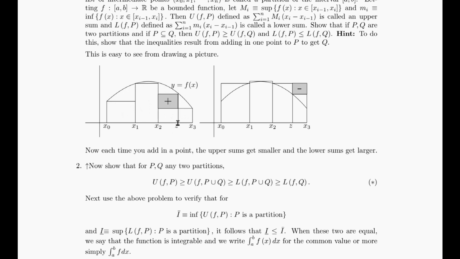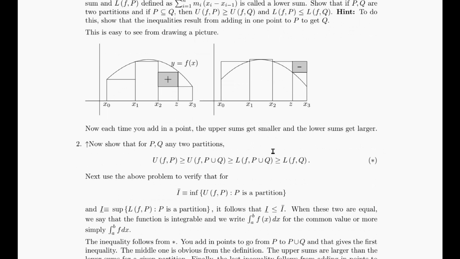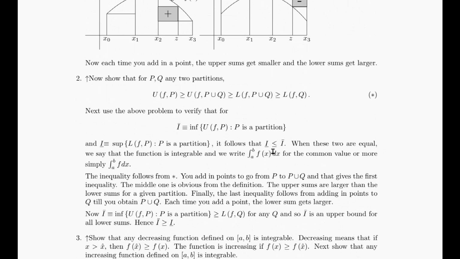Now when I add in another point z between x2 and x3, what happened was now I added in this gray area, and so you see the lower sum got larger. Similarly, the upper sum got smaller by this amount. Okay? So whenever you add in a point, the upper sums get smaller, the lower sums get larger. And so that brings us to the next problem.